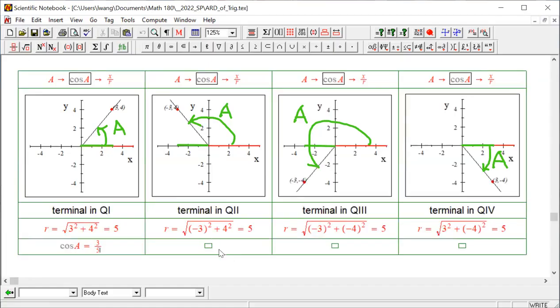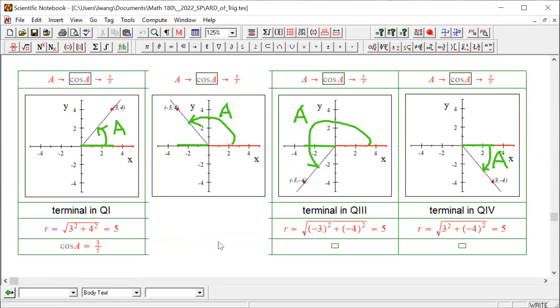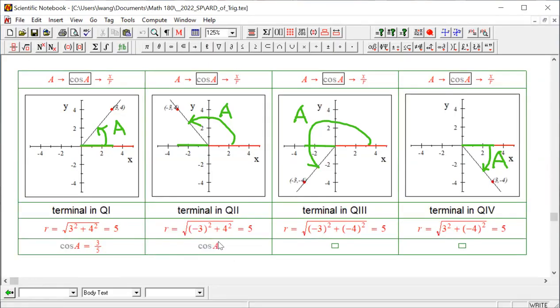Cosine takes the angle as input, and the output is a ratio. For an angle that terminates in the second quadrant, x is -3, so it's -3 over 5. You can write it as -3 over 5, it doesn't matter which way you write it.